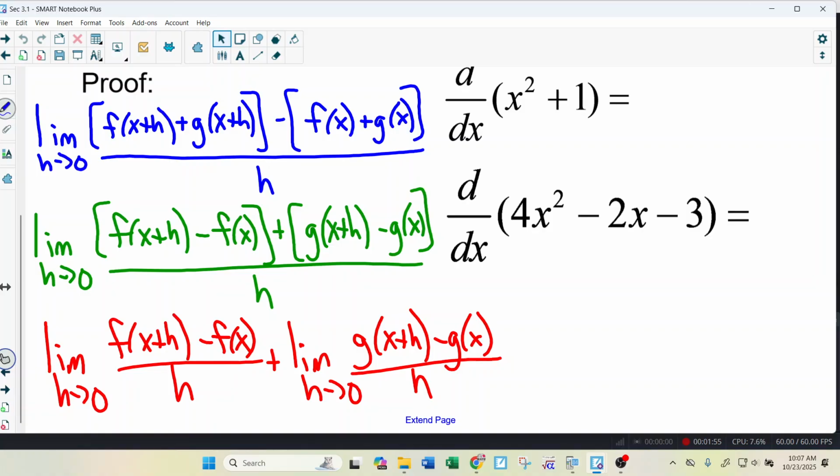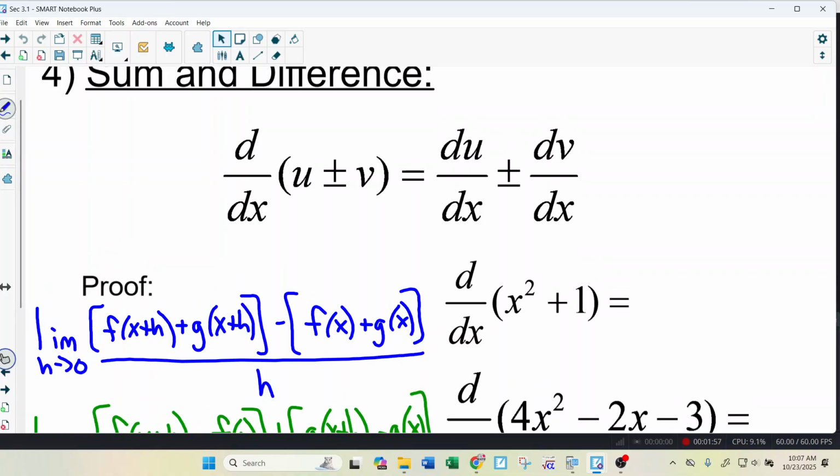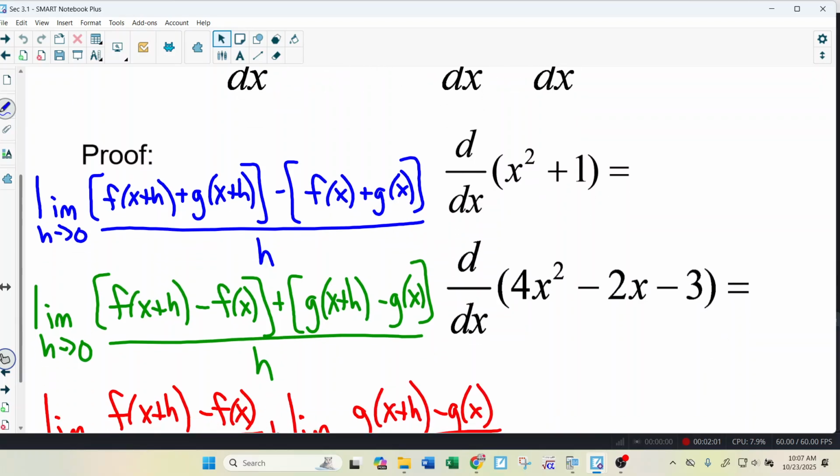Okay? Now, what does that mean? If I have something like x squared plus 1, what that means is I can take the derivative of x squared, which is, bring down the 2, that'd be 2x, plus, what's the derivative of 1? What's the derivative of a number? 0.